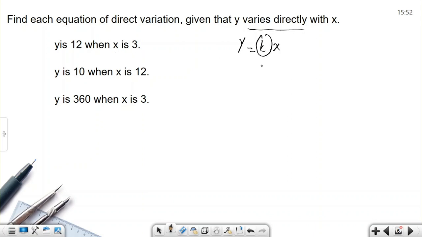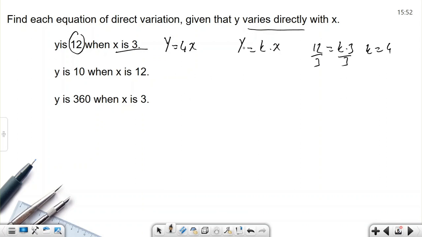I want to find this k because I don't know it, so I want to write an equation. But how can I calculate this k? What is given? y is 12 when x is 3. So 12 equals k times 3. Simplify by 3, k equals 4. So what can I write here? y equals 4x for the first one.